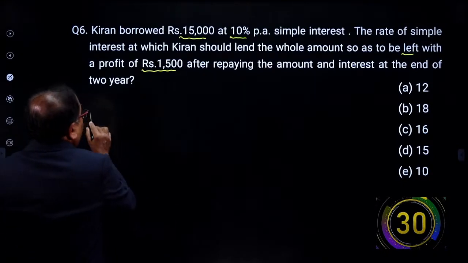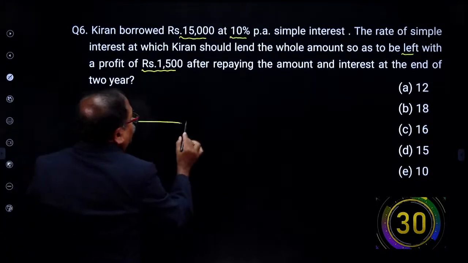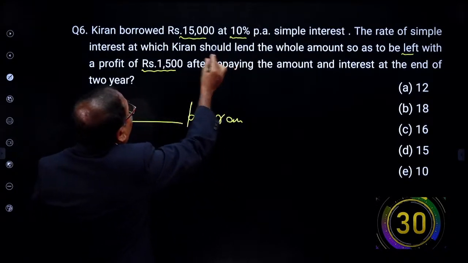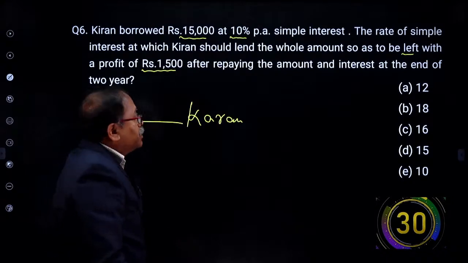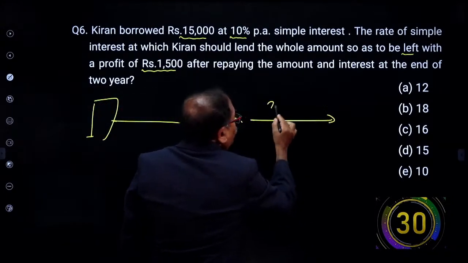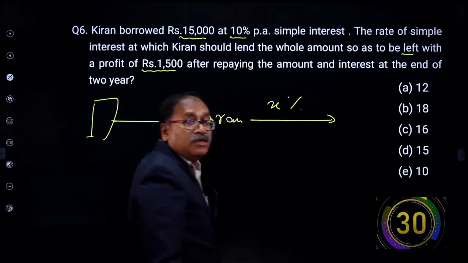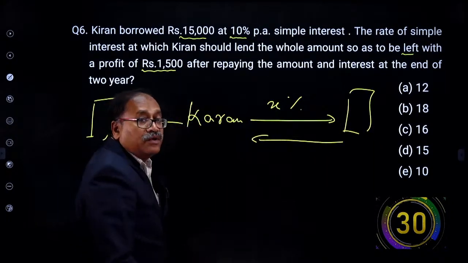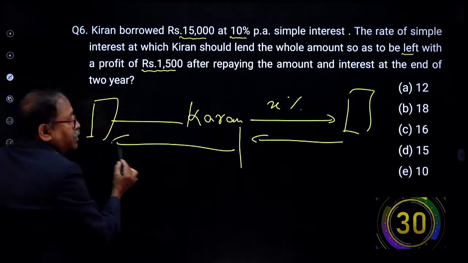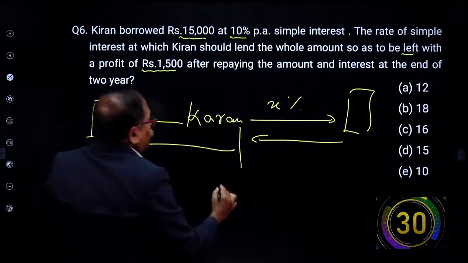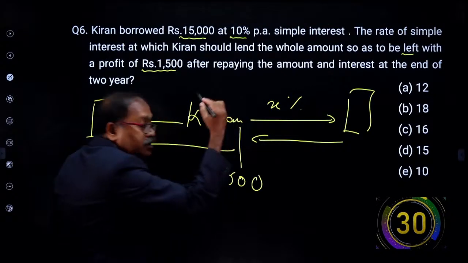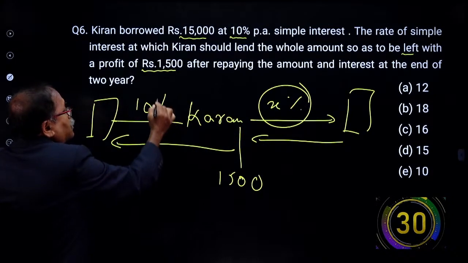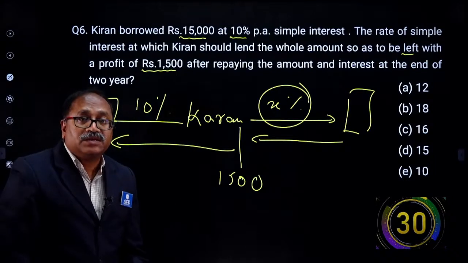That means Current has taken the loan from someone, 15,000 at 10% per annum. At what rate of interest should he give it to another person, so that at the end he will receive the money, pay the loan, and be left with rupees 1,500? So what should be this rate of interest? Whereas I know this rate of interest is 10%.